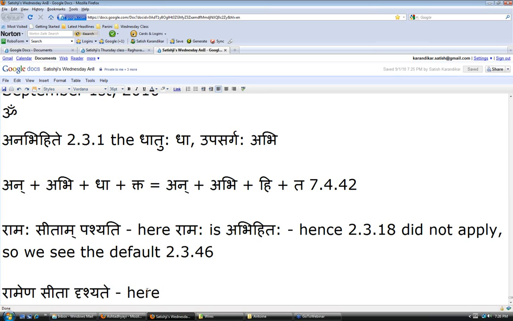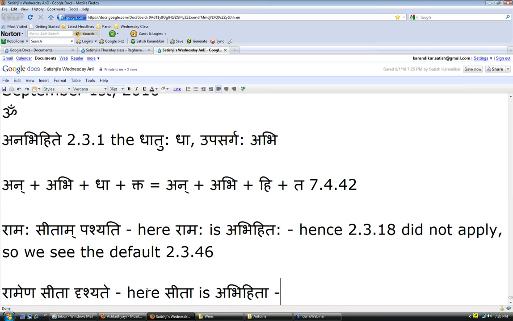So Sita became abhita. She has been described by the verb or the participle.